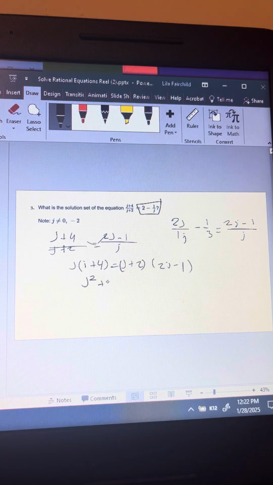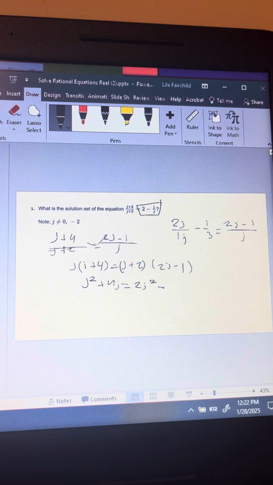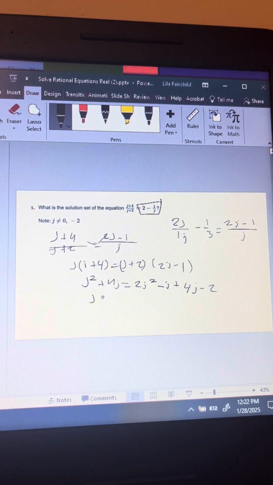And then from there you need to distribute: I squared plus 4i equals 2i squared minus I plus 4i minus 2. And then you can add the like terms.